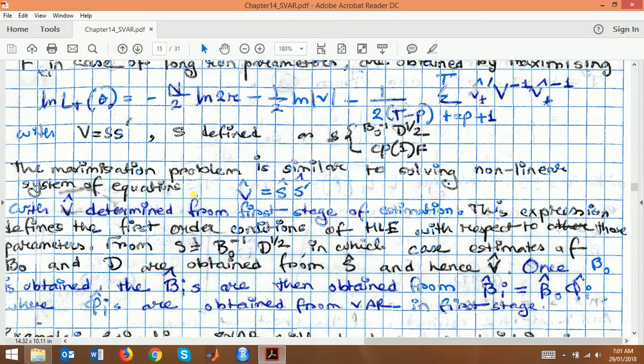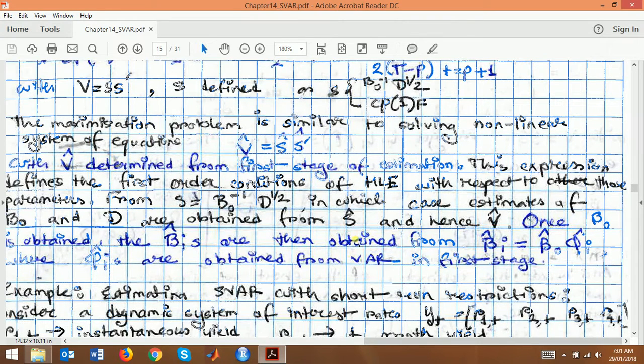Once beta naught is obtained, the beta i's are then obtained from beta i equals beta naught phi i. Very simple, where the phi i's are obtained from the VAR in the very first stage. Obviously, autoregressive parameters have also been estimated in the very first stage. So the first stage gives us estimates of omega, estimates of the structural residual, and estimates of s, because omega equals s transpose.